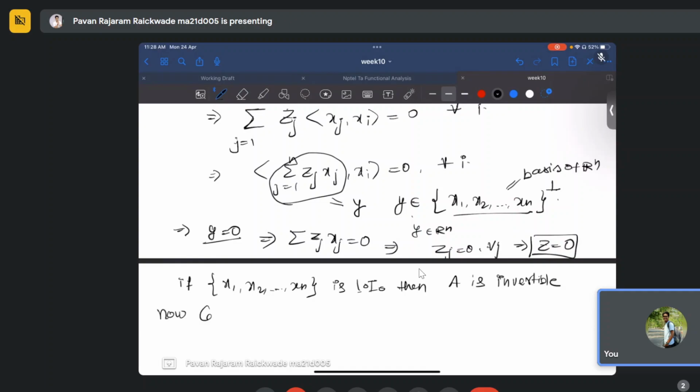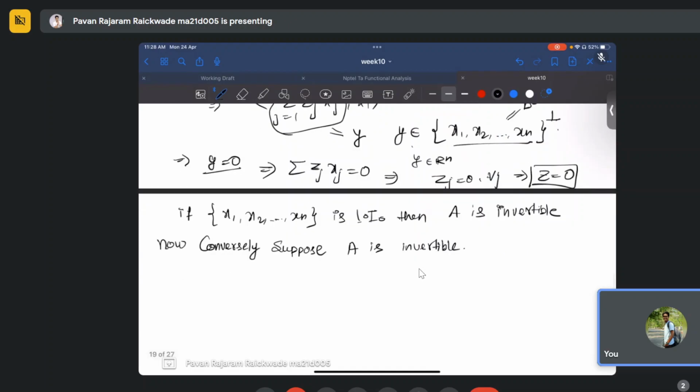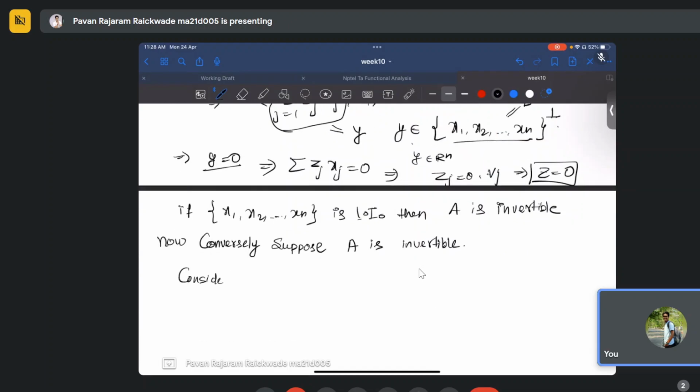Now conversely, suppose A is invertible and consider the summation of zj xj to be 0, j going from 1 to n, just a linear combination of these xj's being 0. I want to show that zj has to be 0 for every j. This means the inner product of the summation of zj xj with xi is 0 for all i.